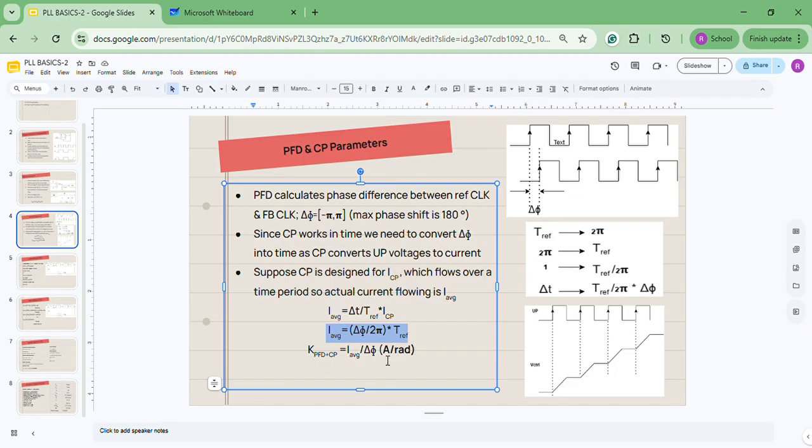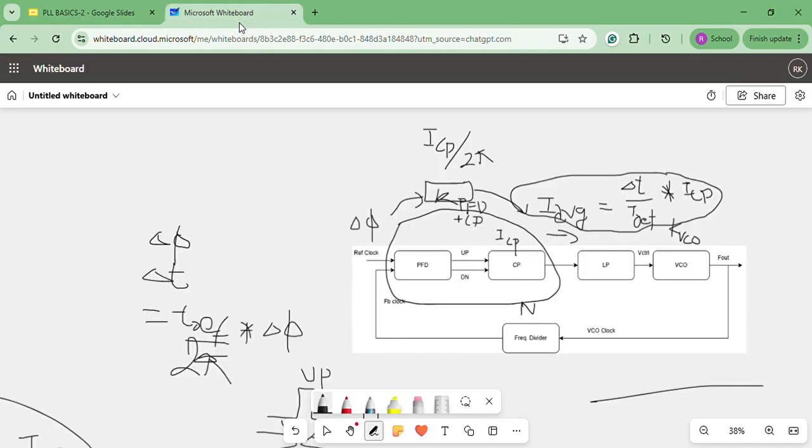So finally you will get KPFD as ICP by 2 pi. KPFD plus charge pump is ICP by 2 pi. So now we have got the gain for KVCO. Now we have got a factor for our charge pump plus PFD.